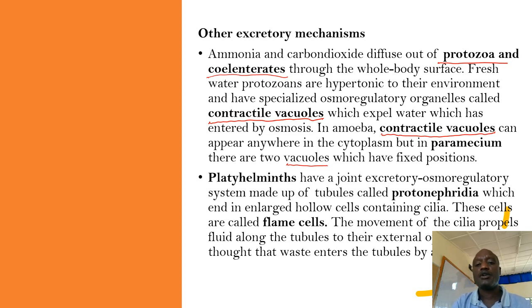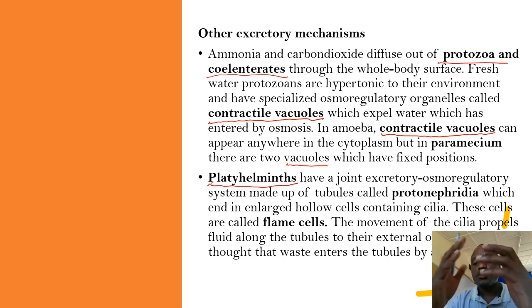So in amoeba, the contractile vacuoles are found everywhere inside the cytoplasm and regulate the amount of water entering the body, while paramecium has two vacuoles with a fixed position, not distributed everywhere like in amoeba.